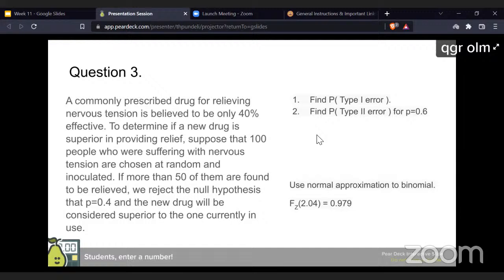So here, we reject the null hypothesis if more than 50 of them are found to be relieved. So ma'am, reject H naught if X bar is more than 0.5. Yes, so basically the critical value is given to you. That's 0.5, that's what I'm saying, ma'am. We can reject the null only if X bar is greater than 0.5. Yes. Reject null only if x bar is greater than 0.5.